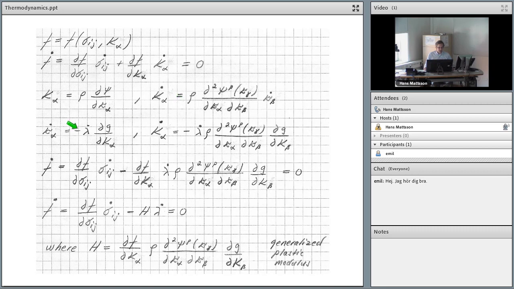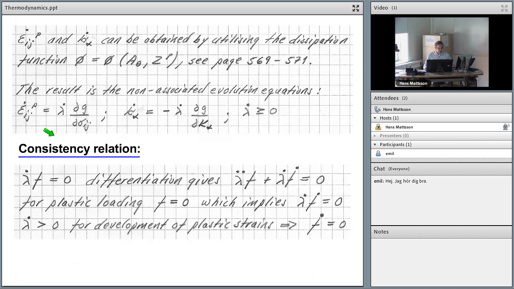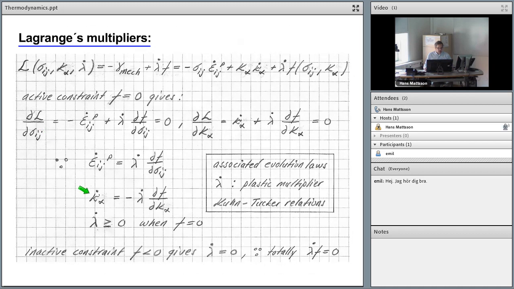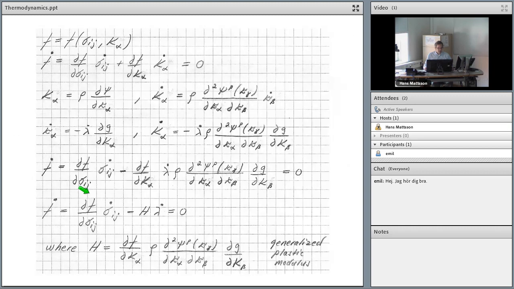And this result here comes from the Lagrange multiplier technique.